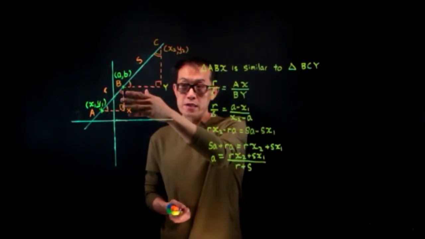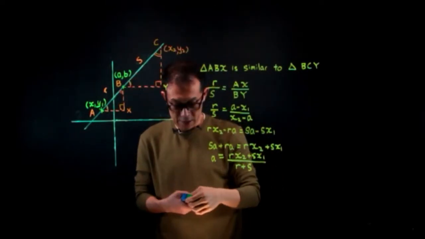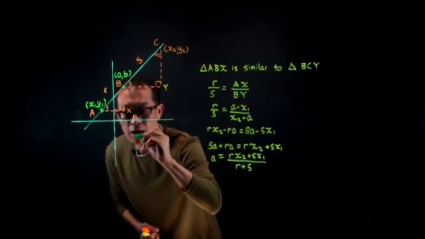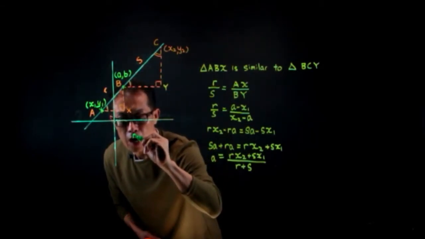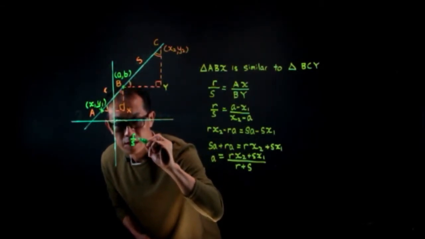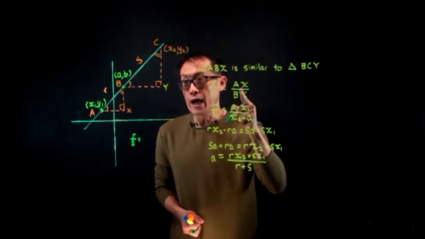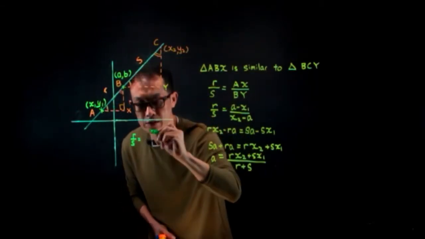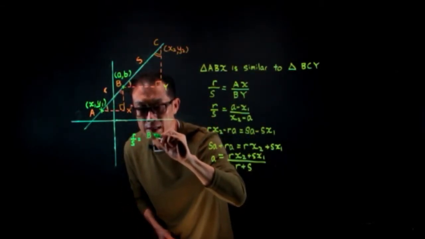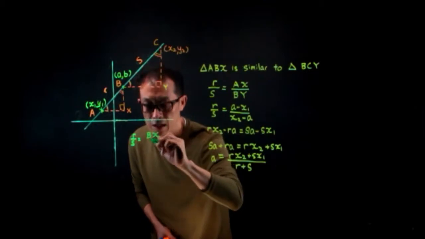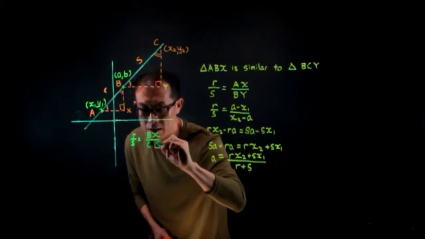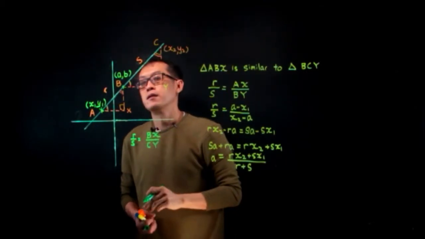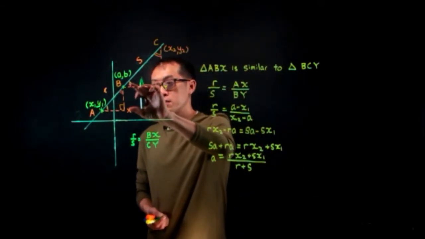Now we can do the same thing for Y. For Y, R over S equals BX over CY. Now, what is BX?